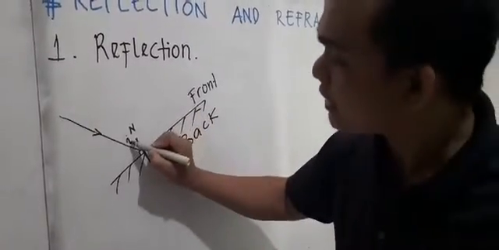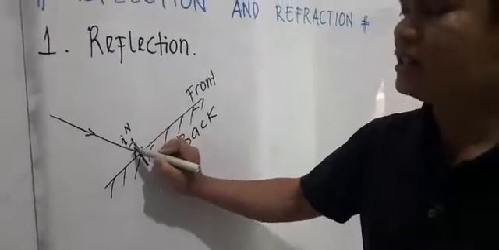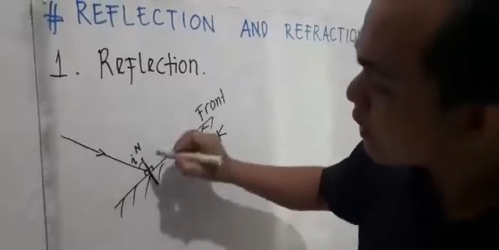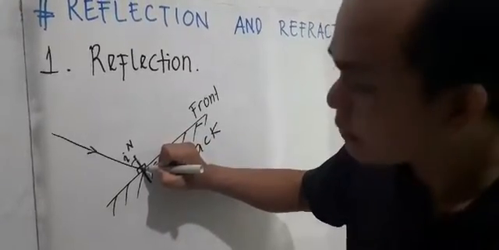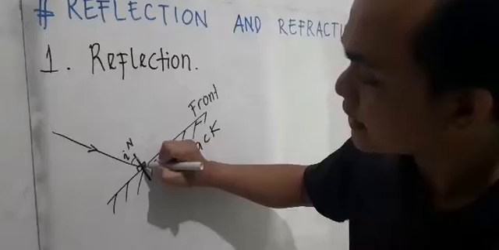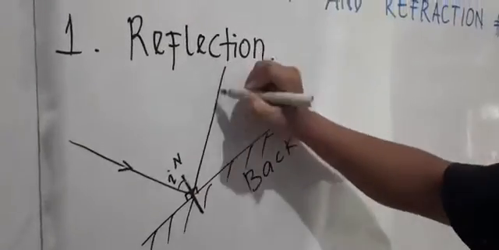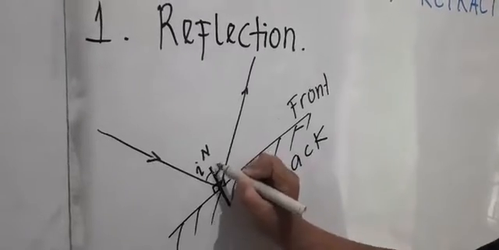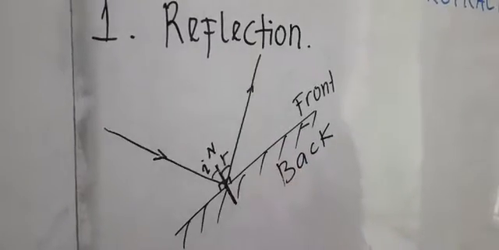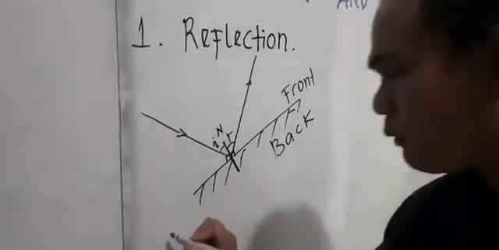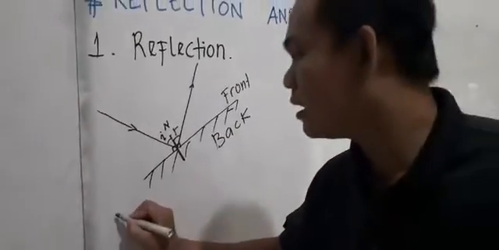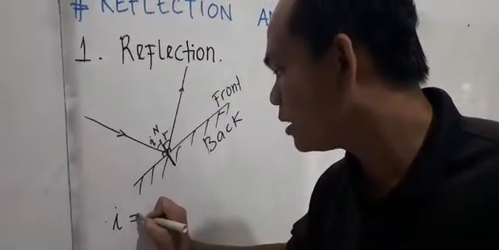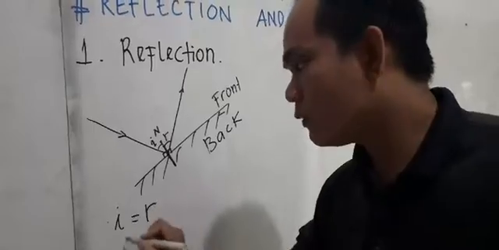When we get the number of degrees of the incident angle, we will get the same number for the reflected angle. We put the letter R to mark it. So our conclusion: when reflection happens on a smooth surface, I is equal to R. What is I?